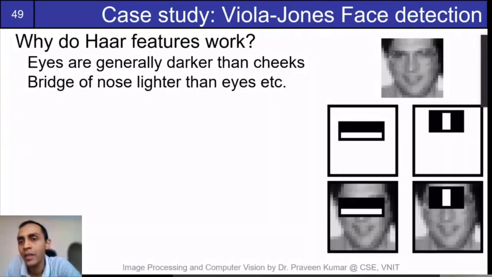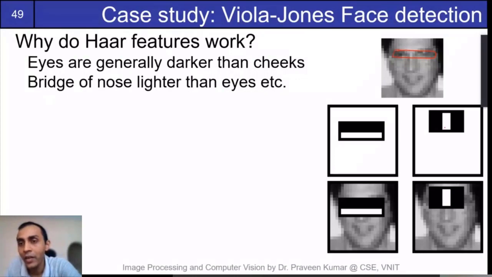On the eye regions you will find more black pixels, and on the cheek part there will be lighter regions, because the eyes are set inside and there is always a shadow of the eyebrows and the sockets of the eyes. So your eye regions are generally darker than your forehead and your cheek part. Accordingly, these types of filters, either black then white or white then black, will give a high response on this region.